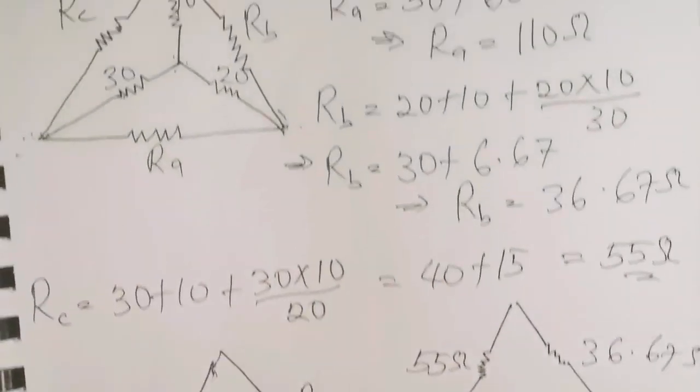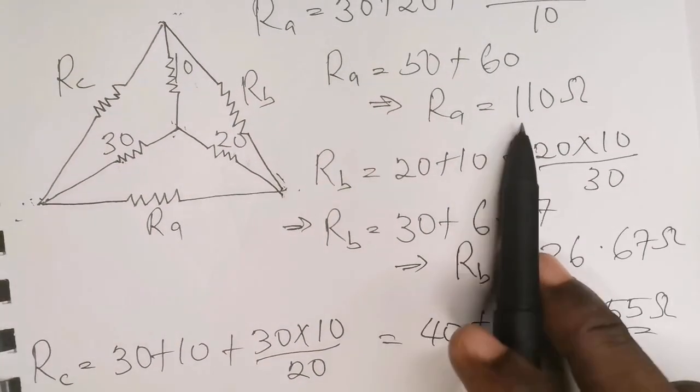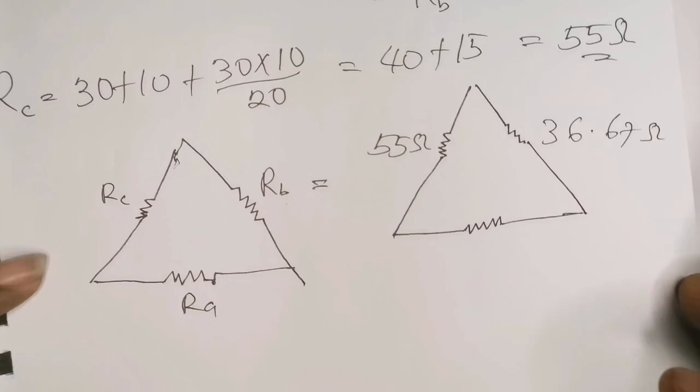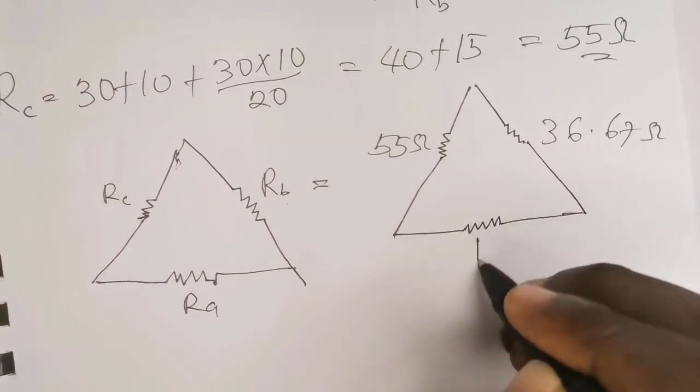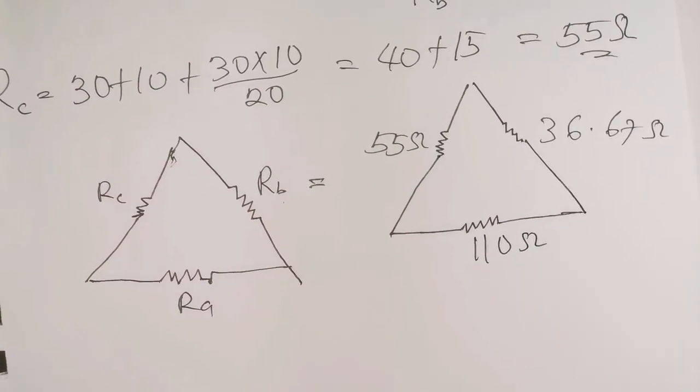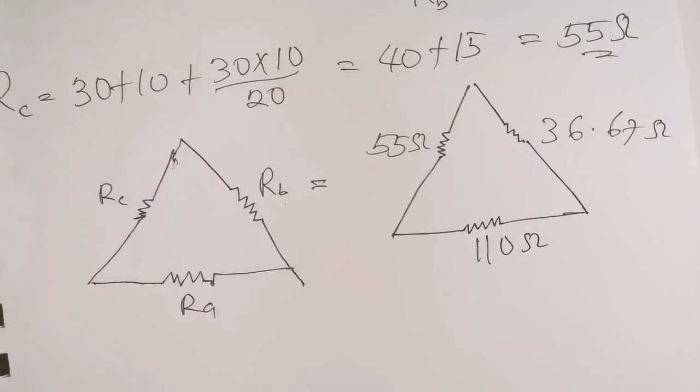And we obtained RA earlier as 110, so we simply plug it in, 110 ohms. Alright, so this is the equivalent delta network of the given star connection.